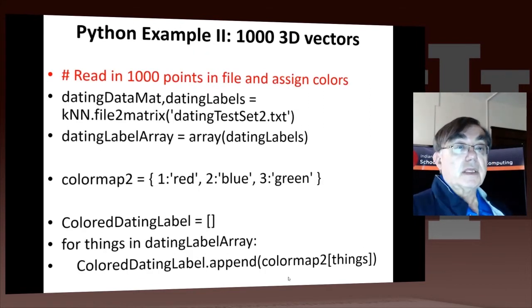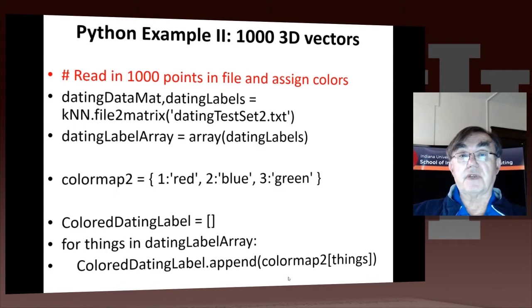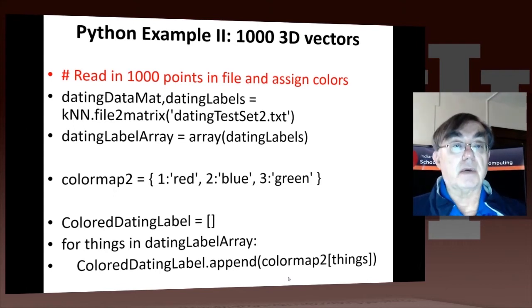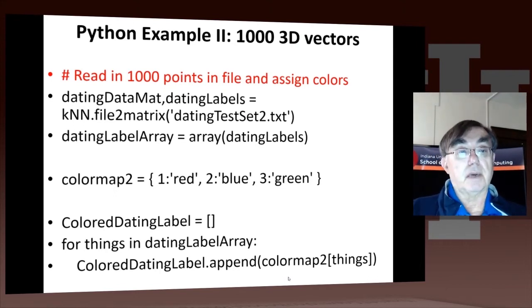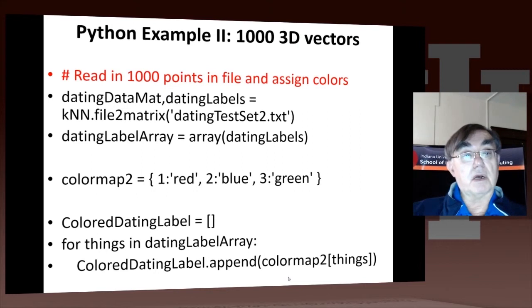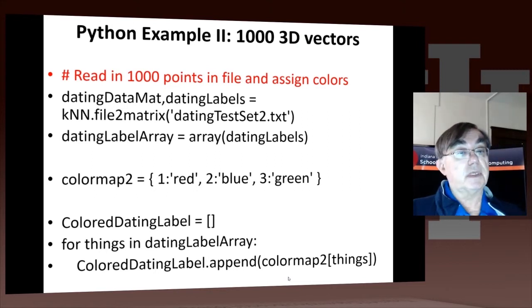So before we do that code later on, let's just finish the Python in this example. And this is actually a little more interesting case. We have 1,000 3-dimensional vectors in this file called datingTestSet2.txt. If you go to Harrington's book, he gives some interpretation about a woman trying to classify her dates and see which dates had various properties.